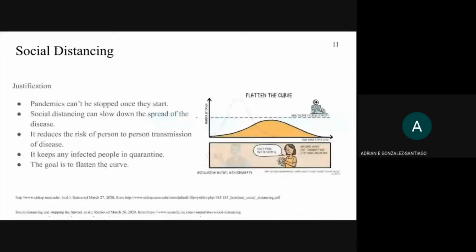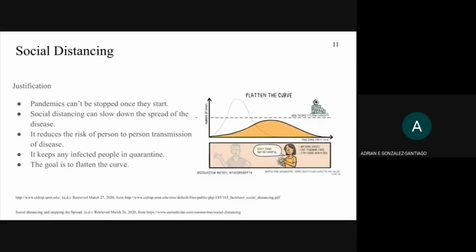So why does the CDC recommend social distancing? Well, they recommend it because pandemics can't be stopped once they start, because of how these viruses spread and how contagious they are. Social distancing, because of the separation between people, does not allow the disease to spread as widely as it otherwise could, which could be devastating.